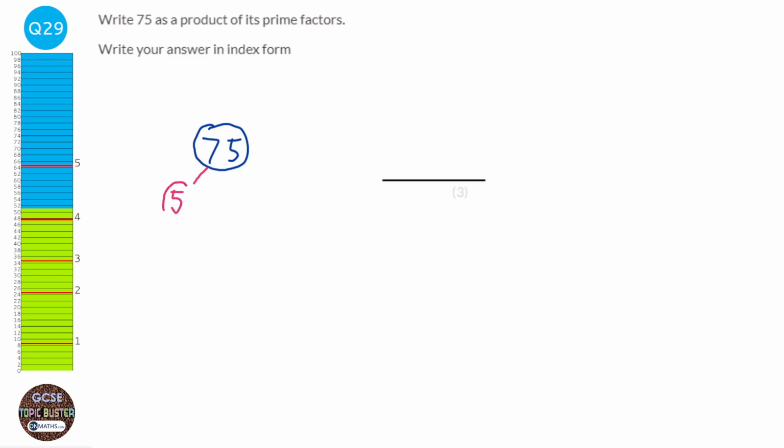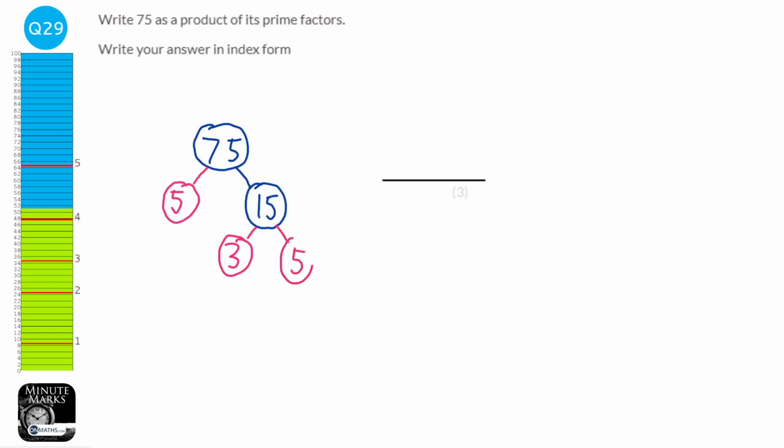I think also 3 goes into it, but 5 to me seems nice and easy. It doesn't always have to be the smallest that I pick. So 5 times what is 75? Well, 5 times 15 is 75. And then to make 15, we're going to do 3 times 5.